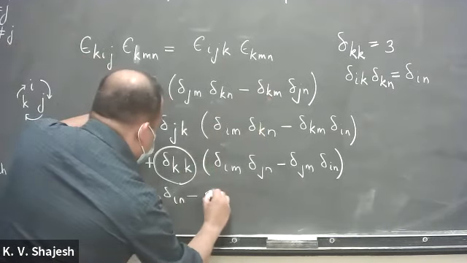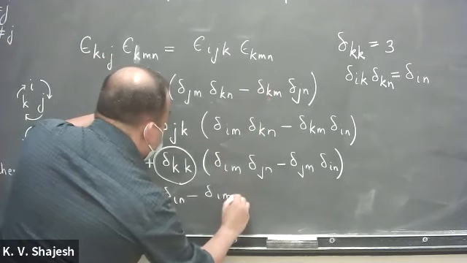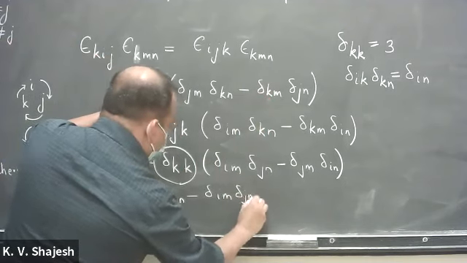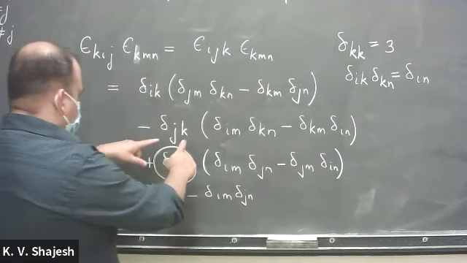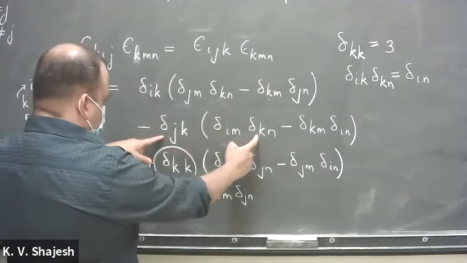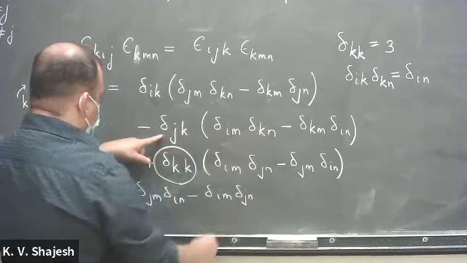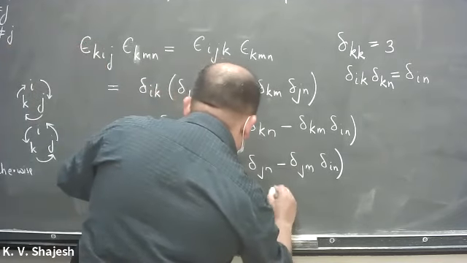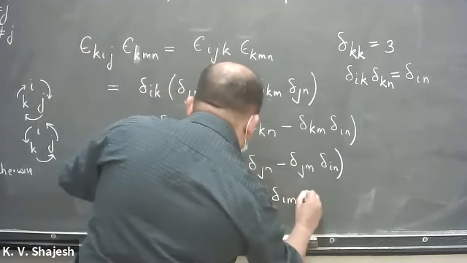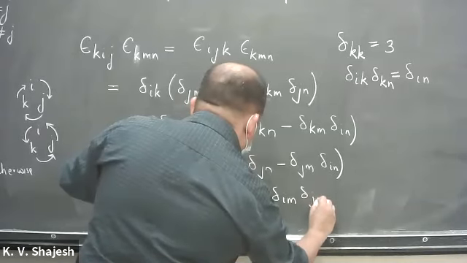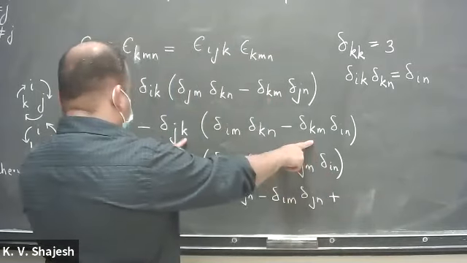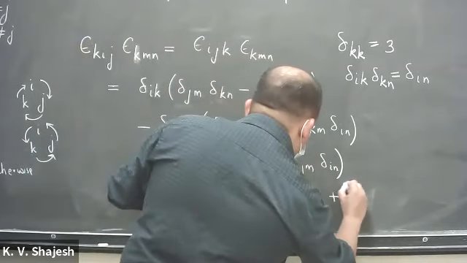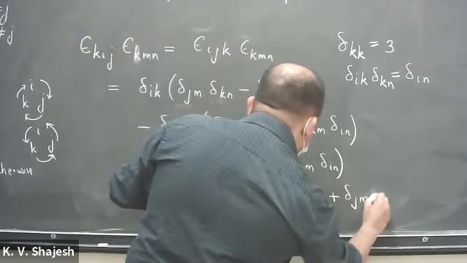So this is minus delta IM, delta JN. Let me know if there's any confusion. And now here, again, K I'm replacing with J here. So this is minus delta IM, delta JM. And then this is plus, K gets replaced with J, delta IN.